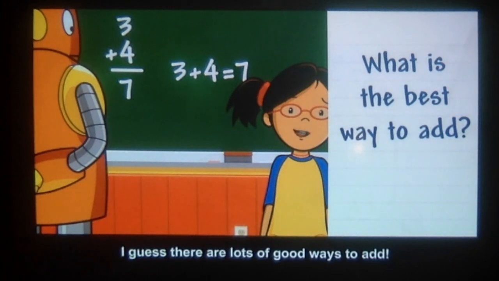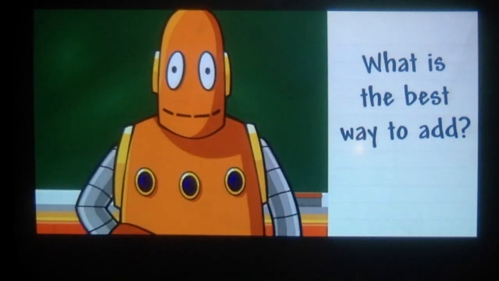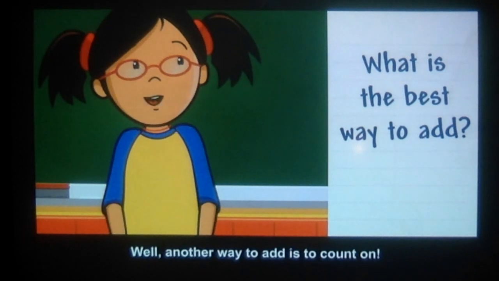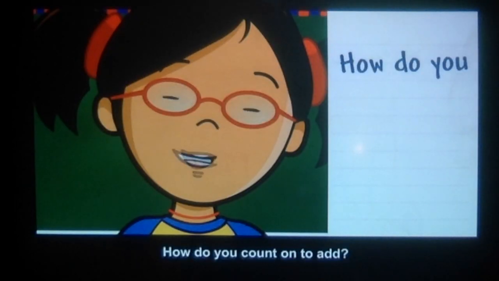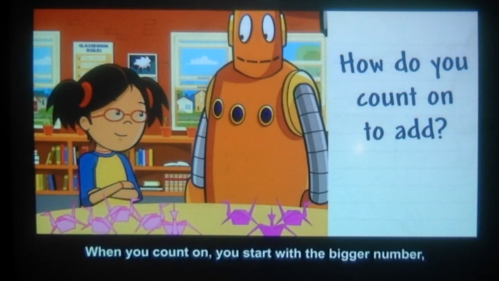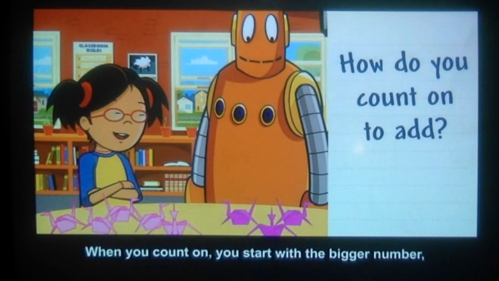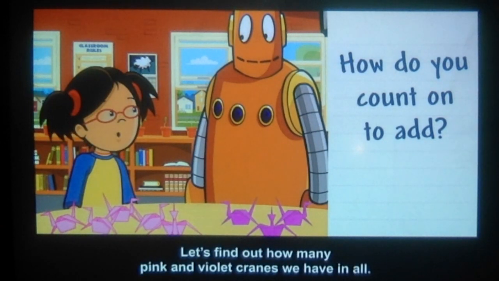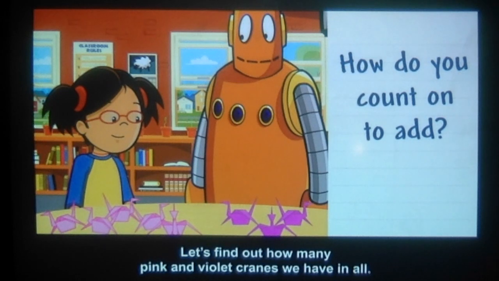I guess there's lots of good ways to add. Well, another way to add is to count on. How do you count on to add? When you count on, you start with the bigger number and then add the smaller number. Well, let's find out how many pink and violet cranes we have in all.